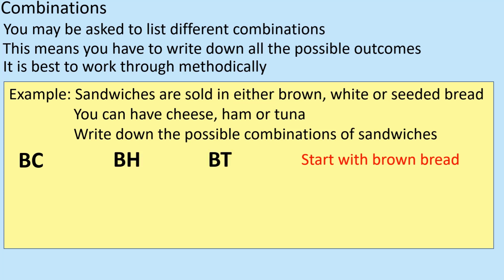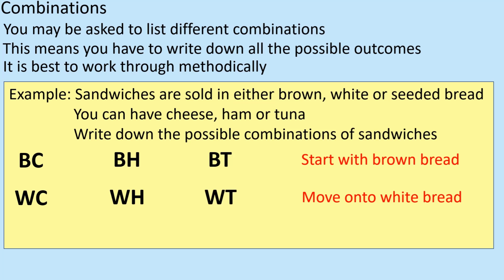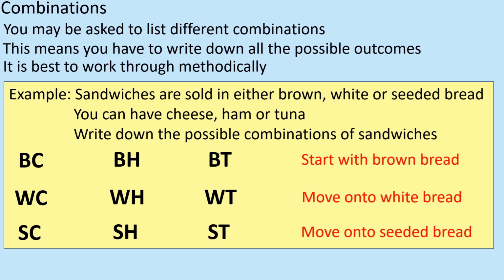They're the first options. And then we're going to repeat it with white. So you're going to have white with cheese, white with ham, and white with tuna. Or, of course, you can have seeded bread with cheese, ham, or tuna. So there are 9 possible combinations from that, as you can see: 3 different options for 3 different breads. So, write down the possible combinations of sandwiches.